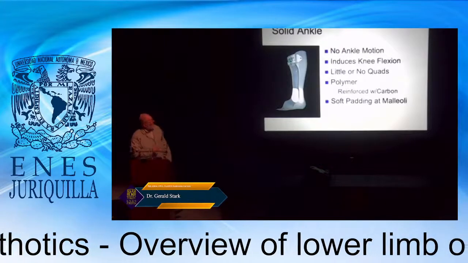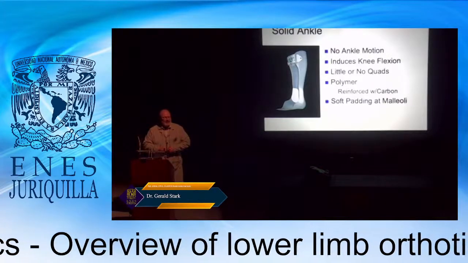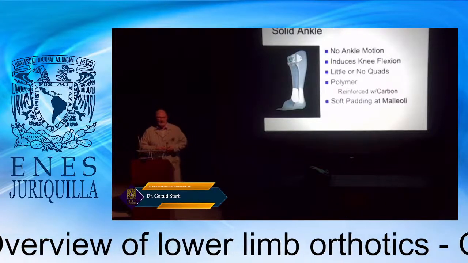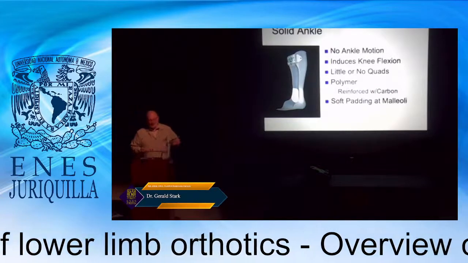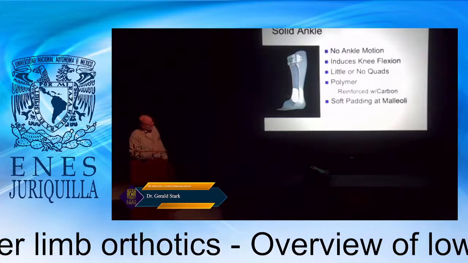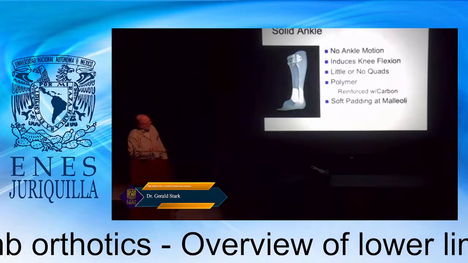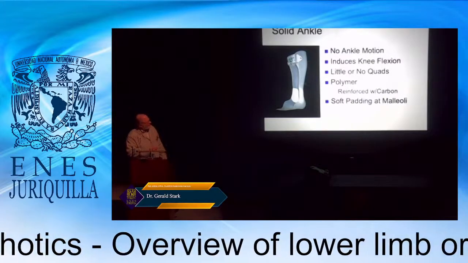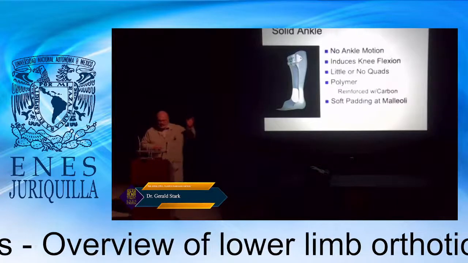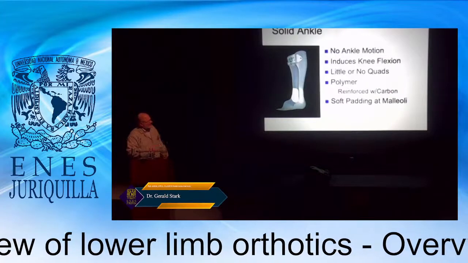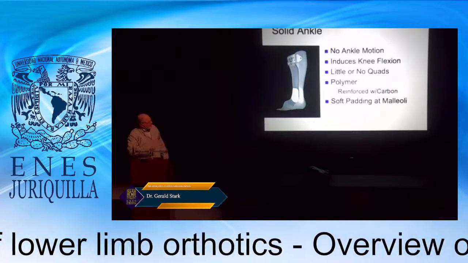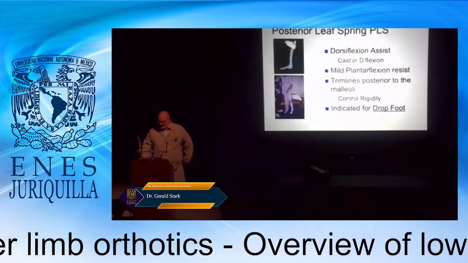We can make a solid ankle. Certainly prosthetic feet don't always have an ankle. In fact, I would say only about 20% of the time would you use any sort of prosthetic ankle. But you would put pads on the malleoli and load this, and it would provide that frontal plane support. It would allow the certain movement to the late stage stance, and then provide that coronal plane correction.